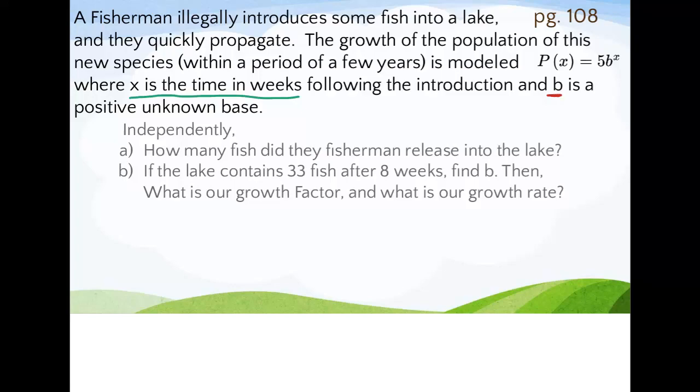And then letter B, if the lake contains 33 fish after 8 weeks, you need to find what is B. And then what is our growth factor and what is our growth rate?